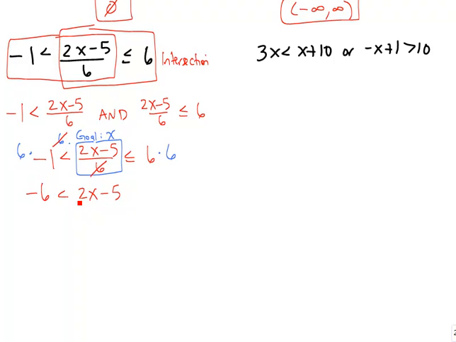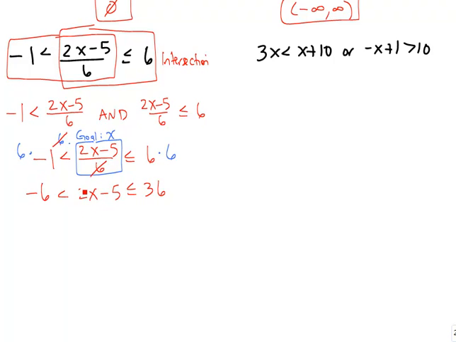A lot of students will write 12x minus 30 in the middle here, and that would be incorrect. You'd be multiplying by too many 6's. So this 6 only cancels out that 6, and that's it. On the right hand side, 6 times 6 is 36. So here's our new simplified triple inequality with no more fraction in the denominator.